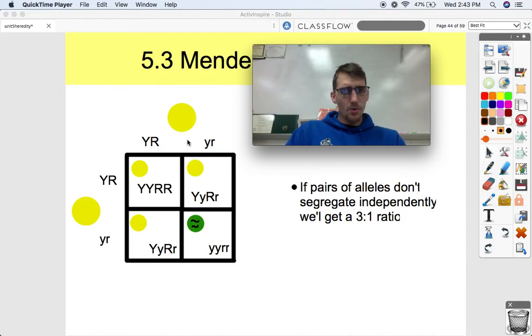Okay, so here's the deal. This is not what we actually got. This is not what Mendel actually got when he crossed these two plants together. This would be the case if dominant alleles only segregated with dominant alleles and recessive alleles only segregated with recessive alleles.